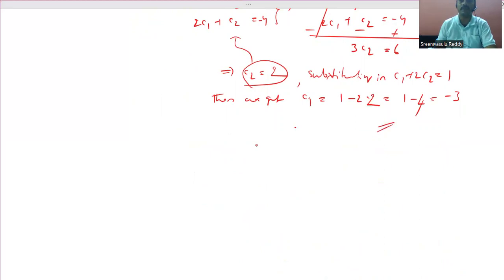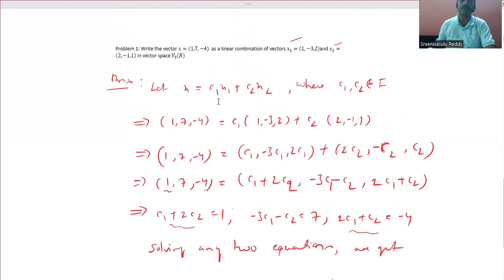That's all. Leave it. Therefore, finally you write down: substitute C1 and C2 values in equation 1.